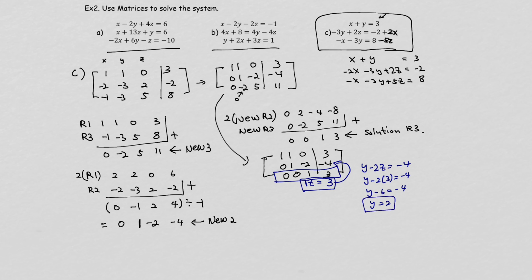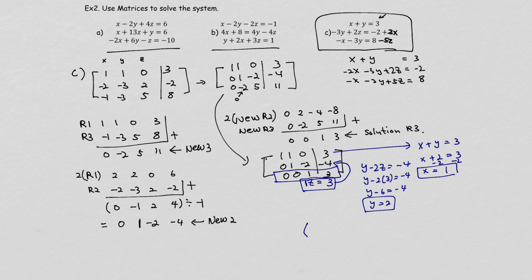Your first equation gives you x plus y equals 3. So when you replace y by 2, your x is going to be 1 because you're subtracting 2 from both sides.